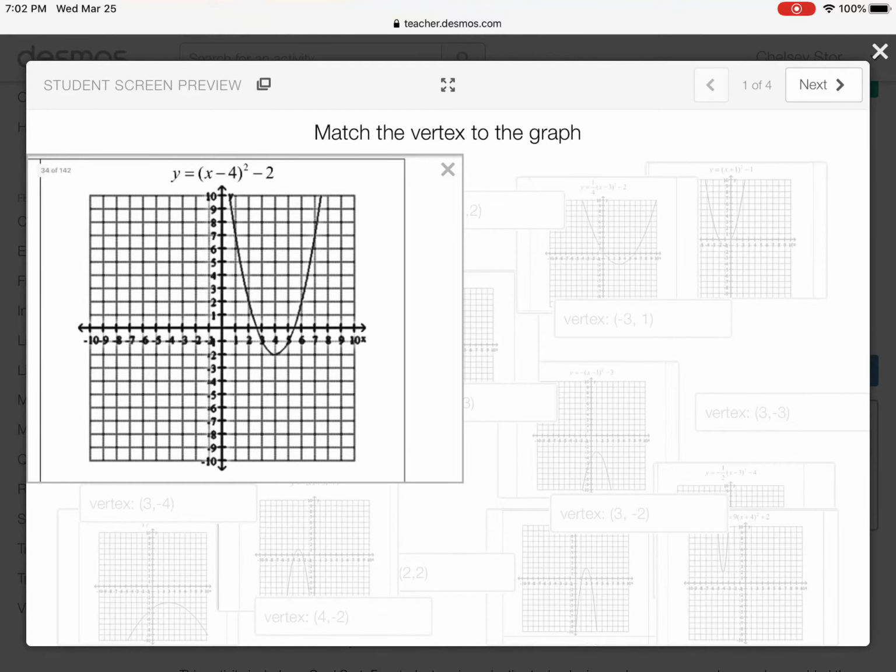And I can see that on my graph as I go 1, 2, 3, 4 to the right, and then down 2, it's the same. 1, 2, 3, 4 to the right, and down 2, that gives me my point at the bottom of the U shape. So I'm looking for the vertex of +4, -2.